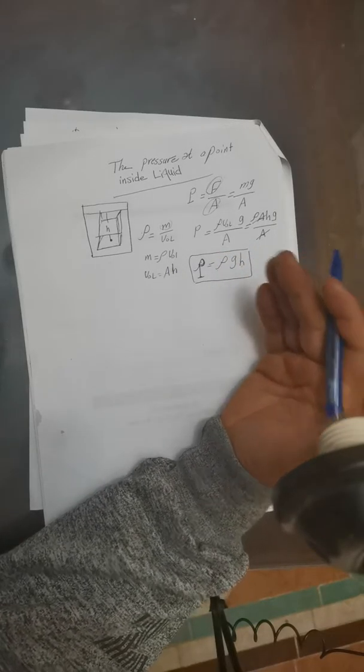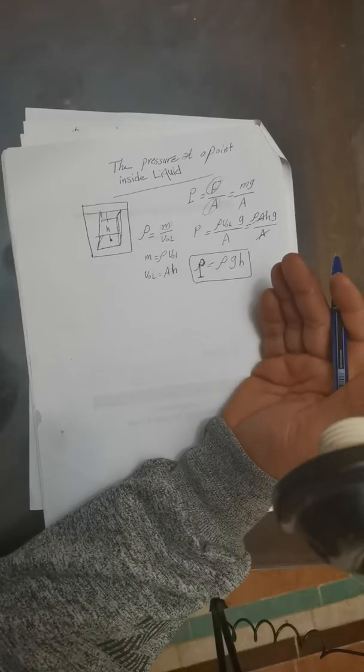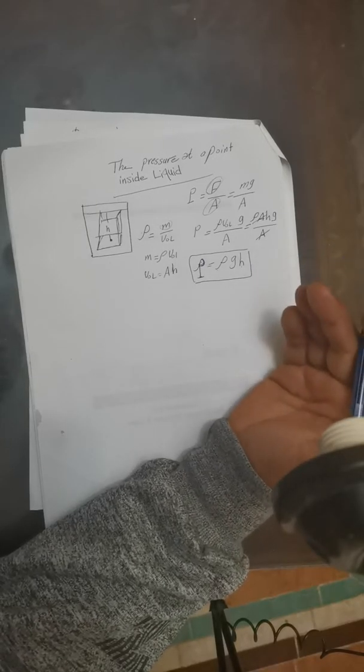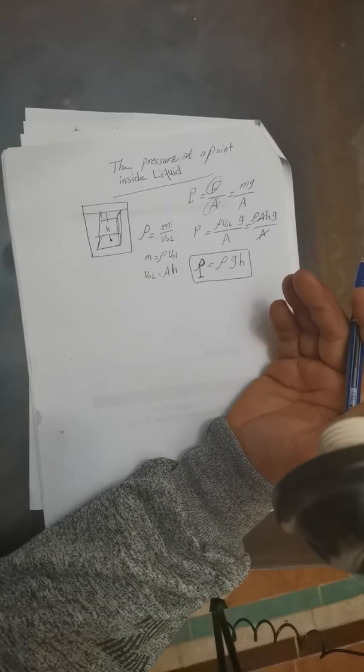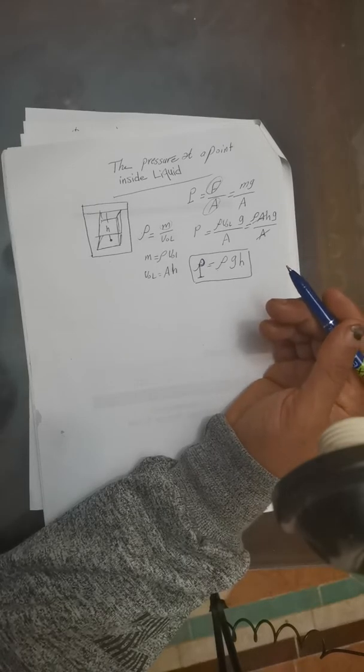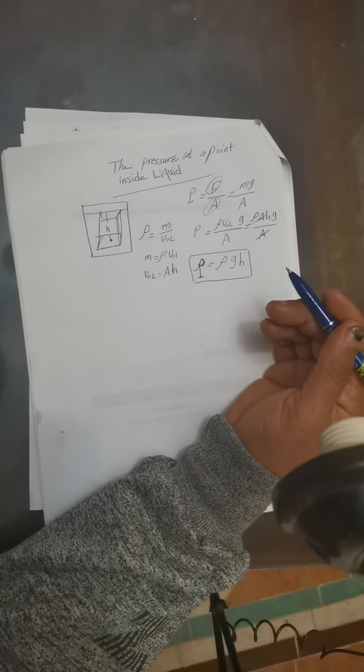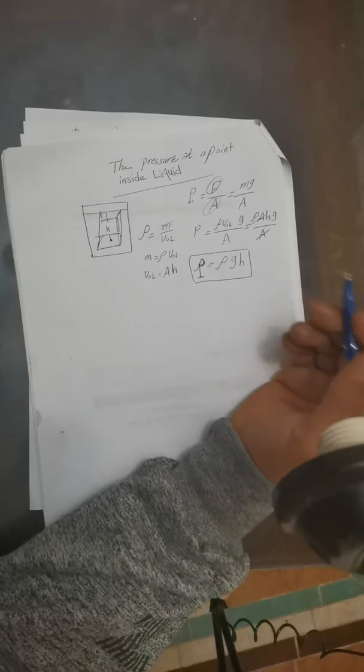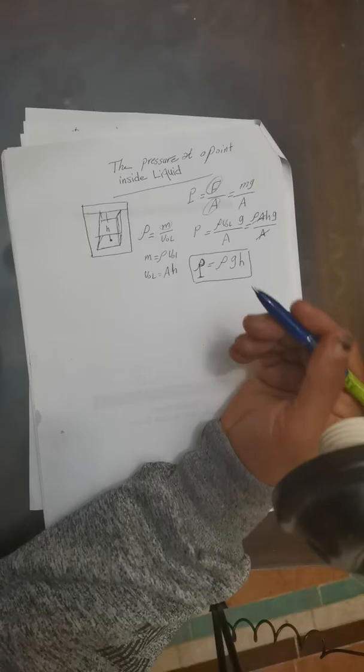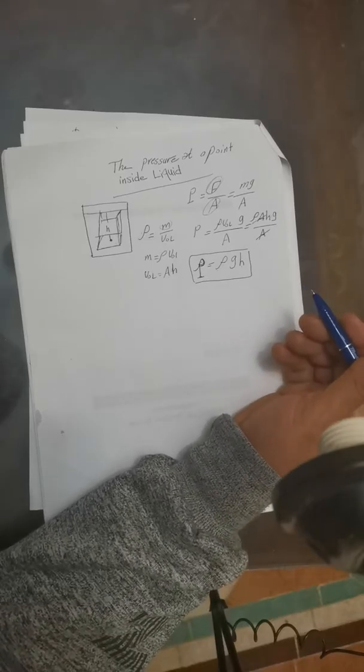If we change the fluid, will its density change? The pressure at a point 5 centimeters from the surface does not equal the pressure at 10 centimeters. The pressure will change according to the depth of the point.